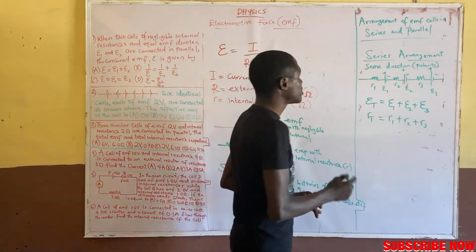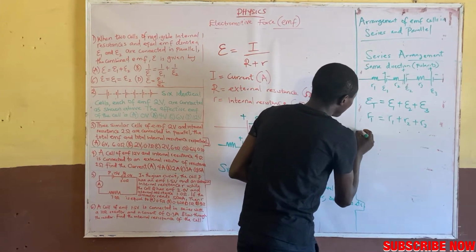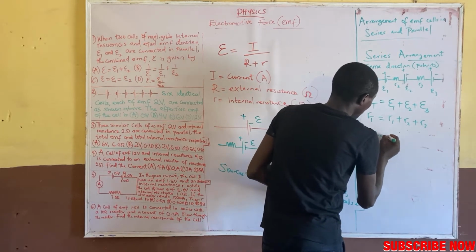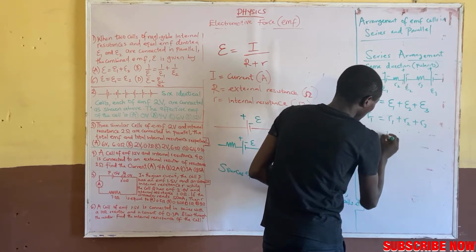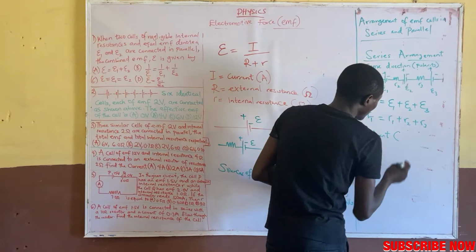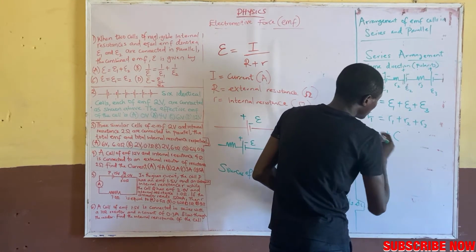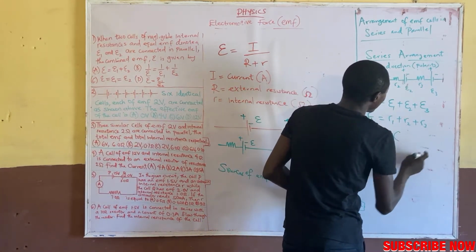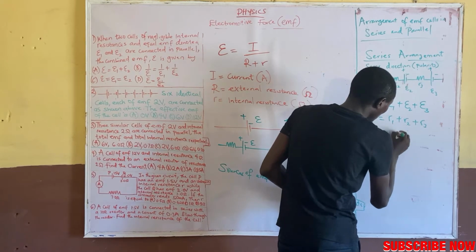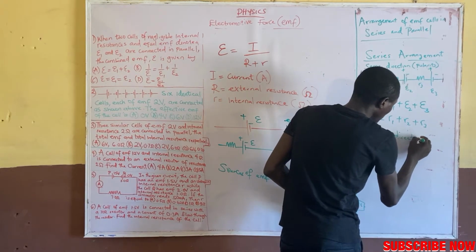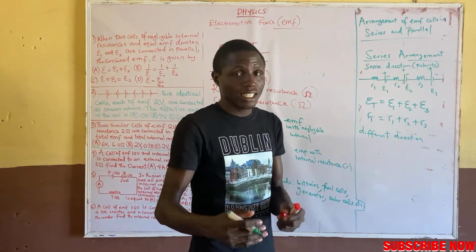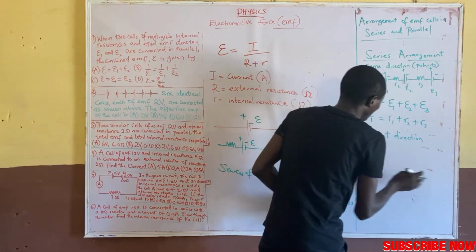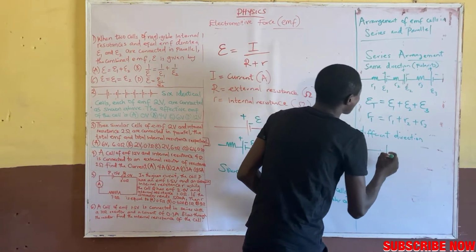But in a different direction, or opposite direction, or reverse direction, whichever you can call it, with reverse polarity: when the EMFs of cells which are in series are arranged in opposite or different directions, what will our total EMF be?